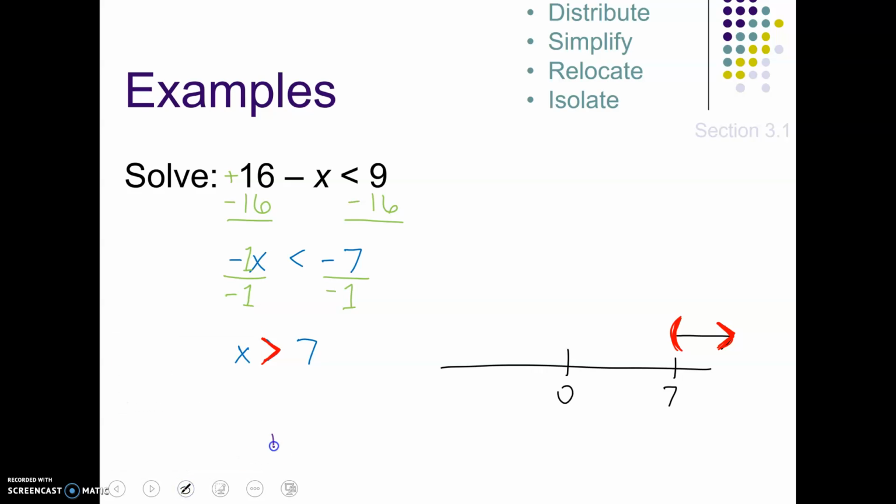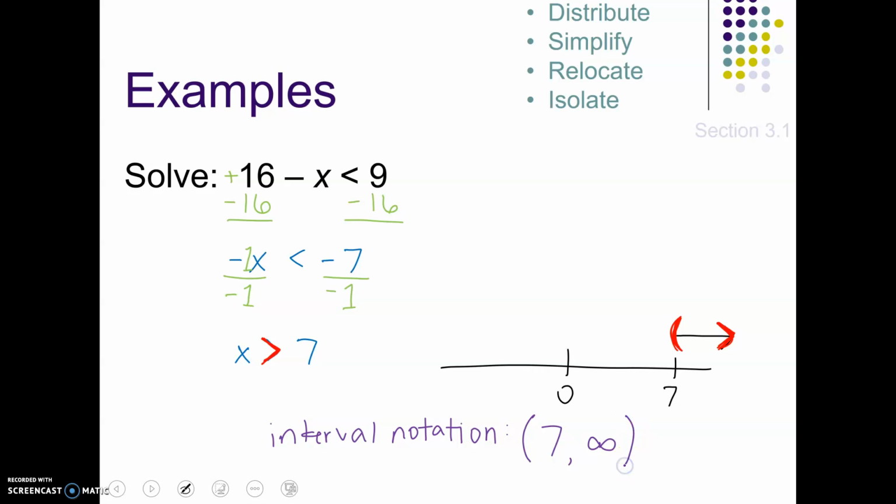And so now if I wanted to write this in interval notation, again, this is a way of writing down infinitely many different values from here to there, from the left to the right. According to my picture, I go as far left as 7, and I don't equal 7. And I go all the way to the right to infinity.